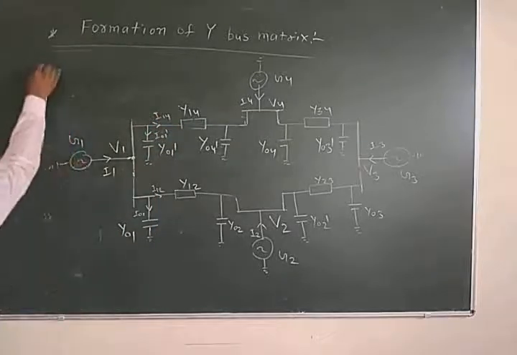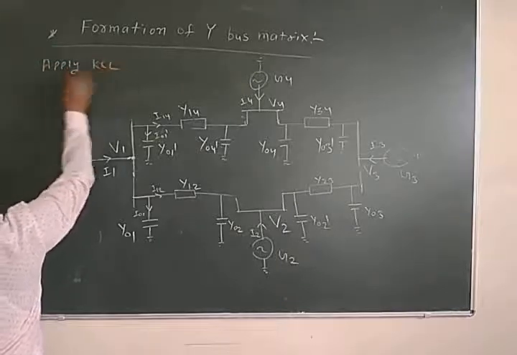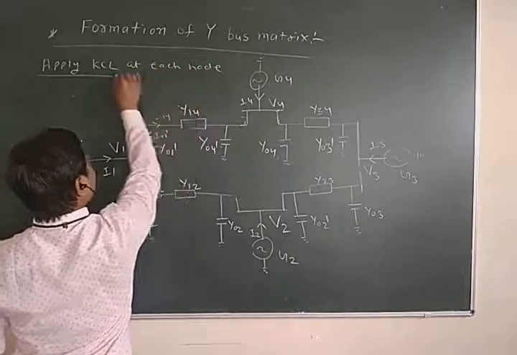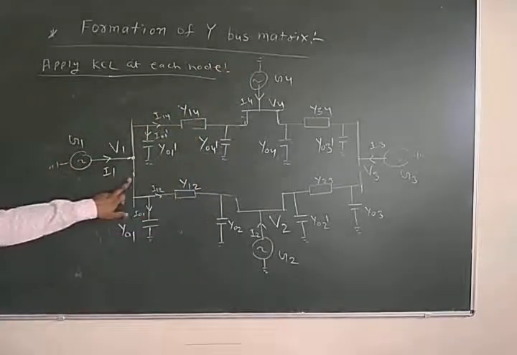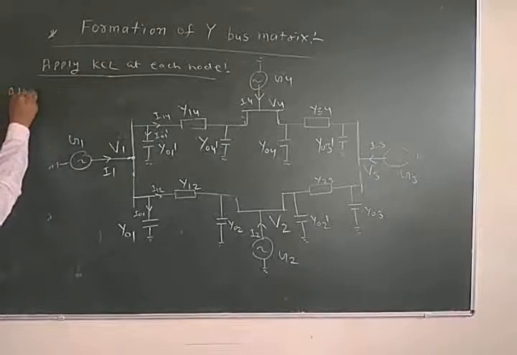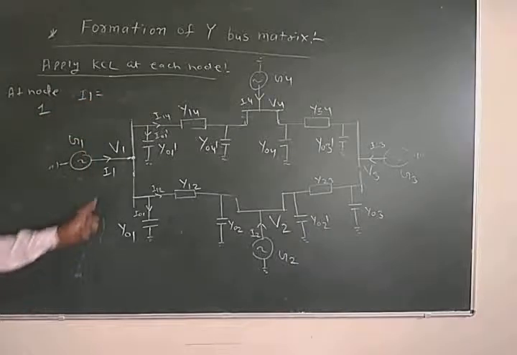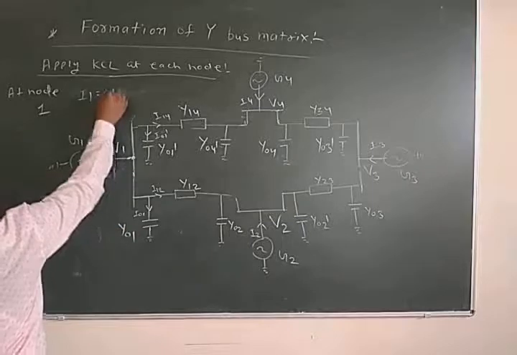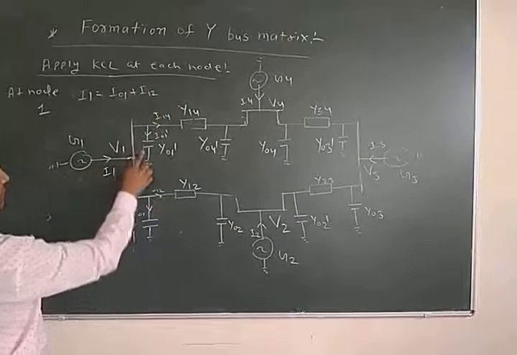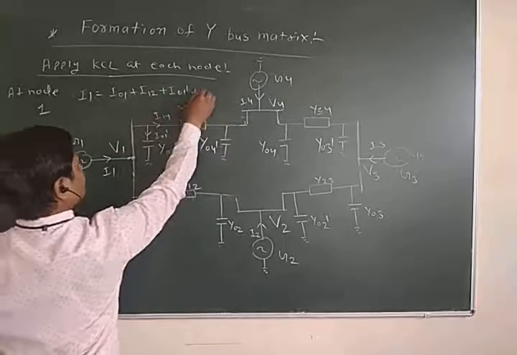So apply KCL at each node. At node number 1, I1 is equal to the sum of I01 plus I12 plus I01 dash plus I14.